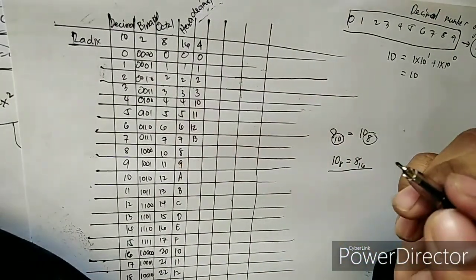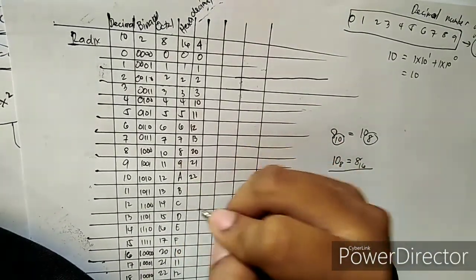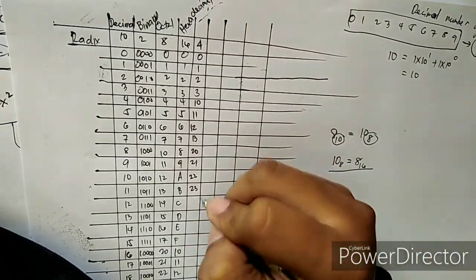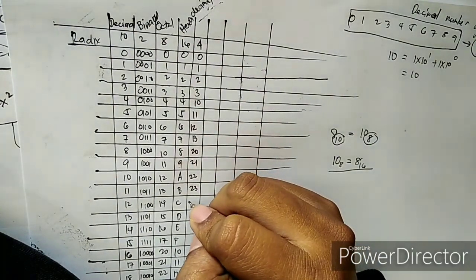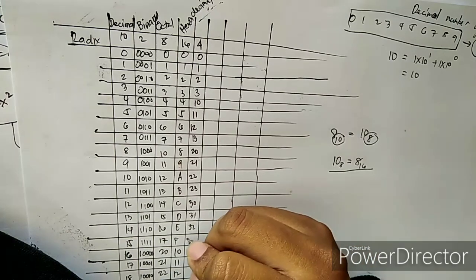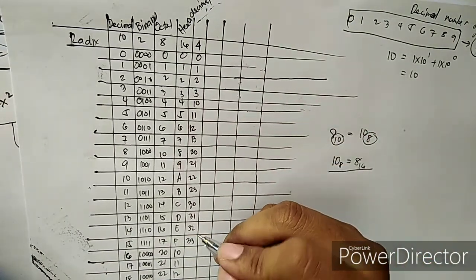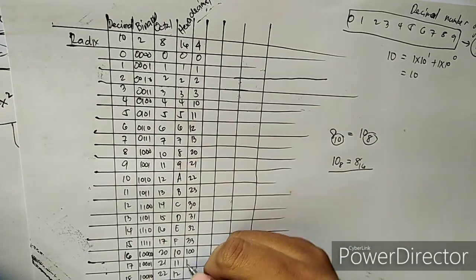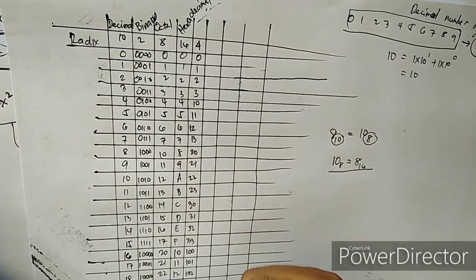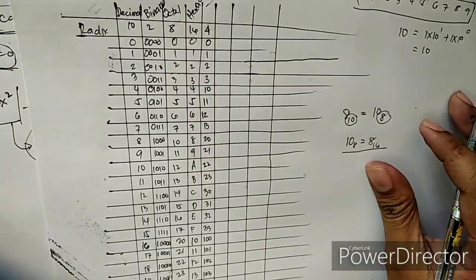So what's next? This will be 20, 21, 22, 23. Next after 23, that is 30, 31, 32, 33. After 33, this is now equal to 100, 101, 102, 103. Next is 110.